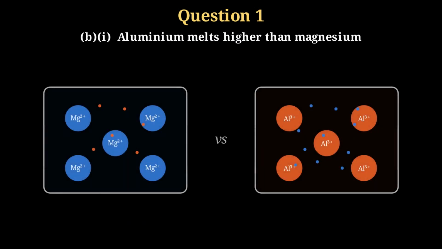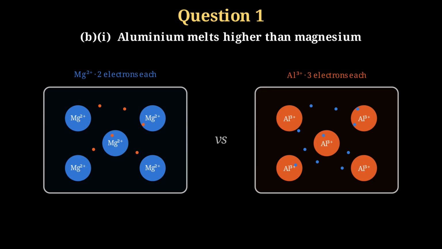Now melting points, in terms of structure and bonding. Both magnesium and aluminium are metals, so they have a giant metallic structure. Positive ions sitting in a sea of delocalized electrons. Here's the key difference. Each magnesium atom releases 2 outer electrons into that sea, but each aluminium atom releases 3.